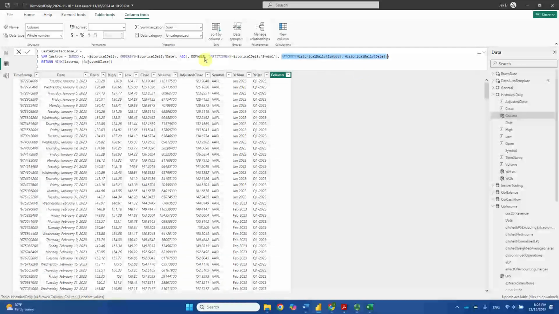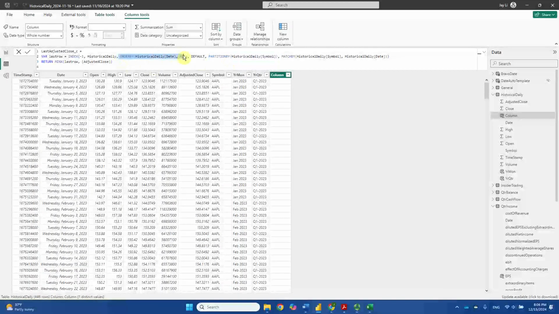Okay, this partition by argument tells the index function that the historical daily data set is going to be partitioned according to different stock symbols. So Apple is going to be one group with all the dates related to Apple. Tesla is going to be another group with all the trading dates associated with Tesla. So that's what the partition by is doing.